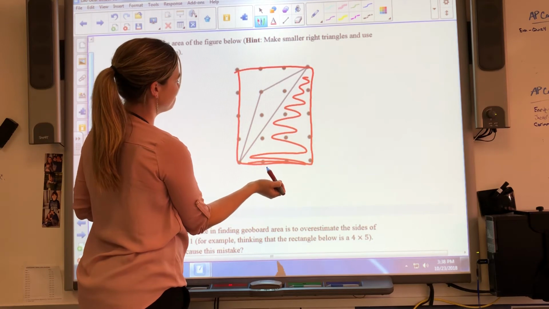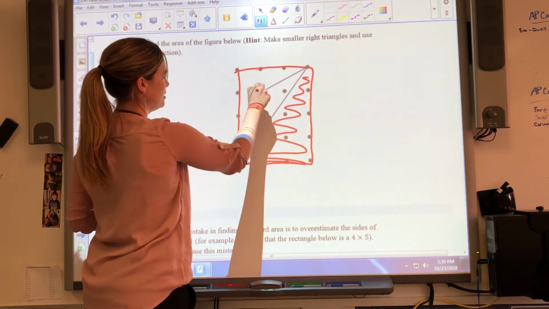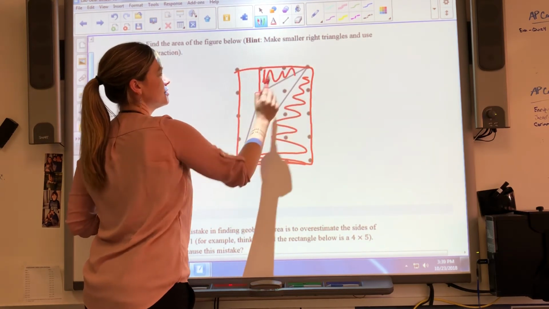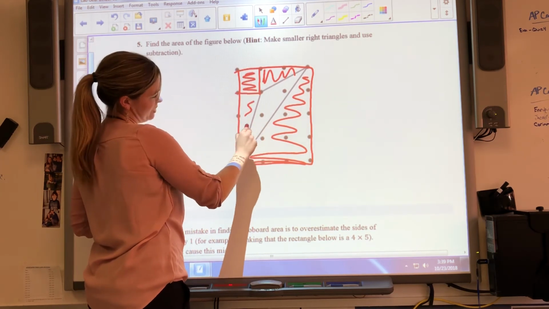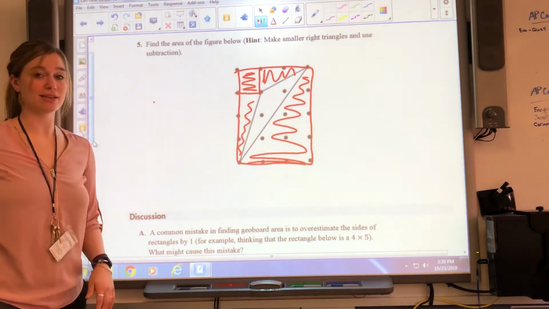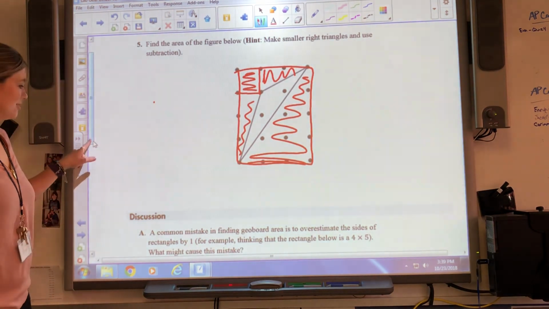Maybe subtract this area, subtract this, and then this one is also a triangle. You can subtract that. Be creative here.